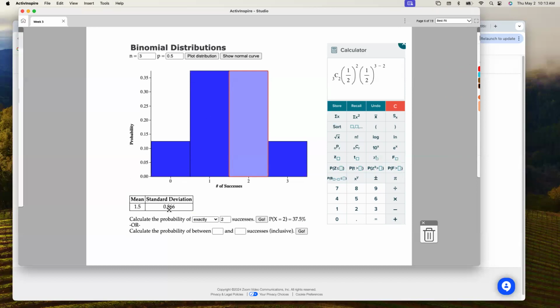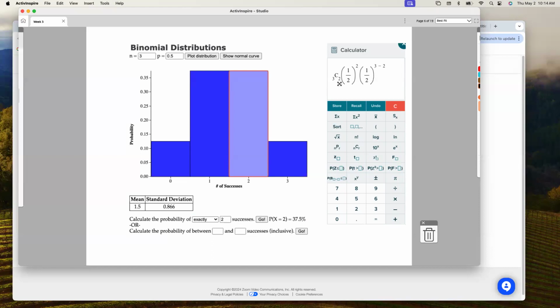It automatically calculates the mean and standard deviation, which we're going to get to pretty quickly, because this is a discrete binomial or discrete random variable. And then I can use these fields down here to calculate exactly 2, or calculate between 2 values, including those. And this is where it gets really, really complicated with the sample spaces. It would be overwhelming to do with large N's. And even the formula is kind of bulky or difficult to use.